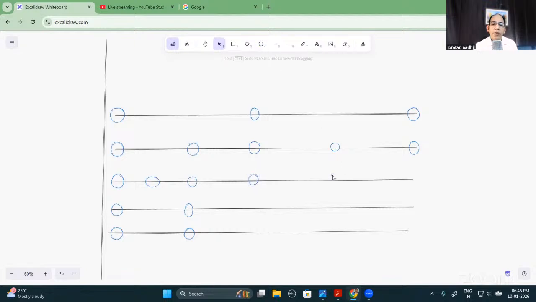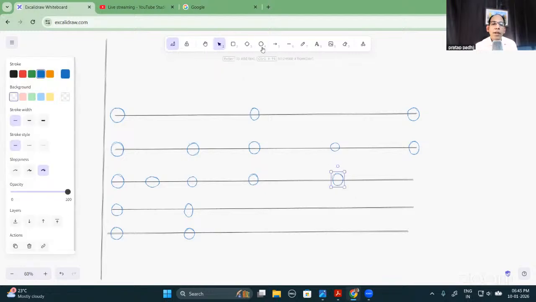I can copy paste also, right? So this one and then this one. So how many? 4 we have. Another we'll make it, so more times compounding.